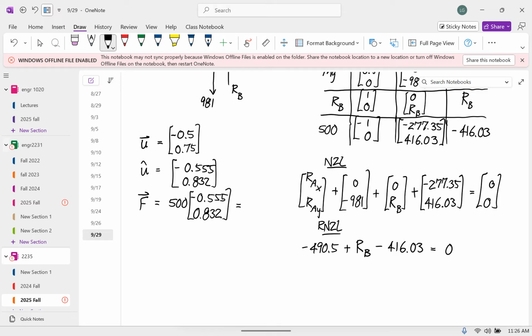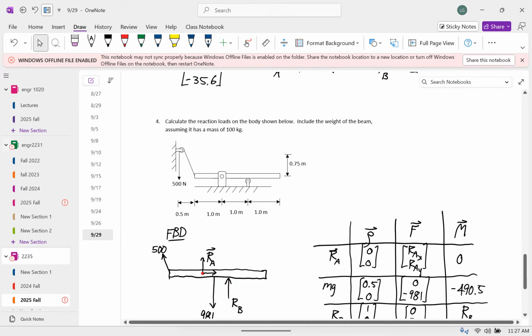Anybody want to see me go through the answers? Sorry, I just have a question about finding the force vector for the 500. I did it by finding the angle, and I got the same answer, but before the unit vector, where it says negative 0.5, those are the coordinates of the pulley or the point where it connects to the beam?